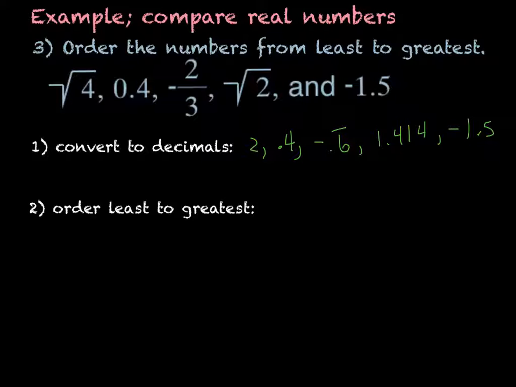So when I'm doing that, I'm going to just underline and reorder them. So the smallest number would be the biggest negative, so I have negative 1.5.